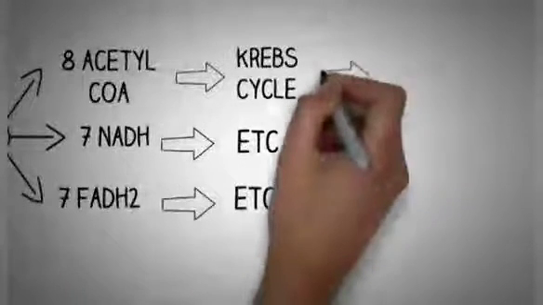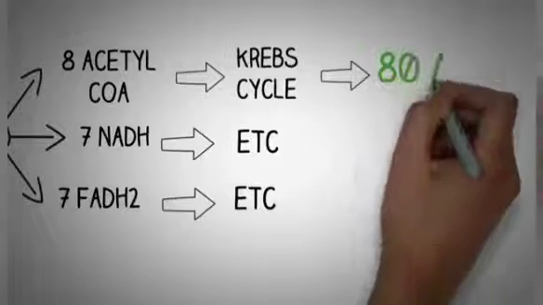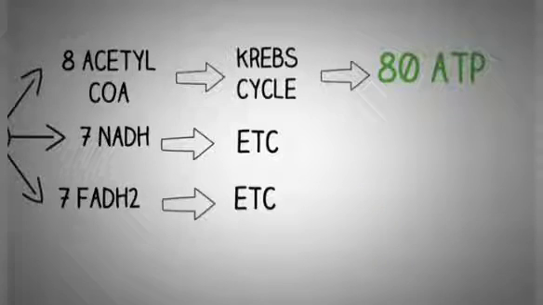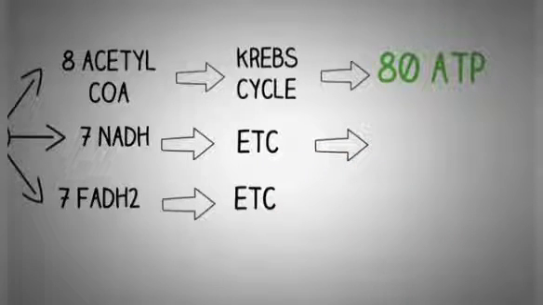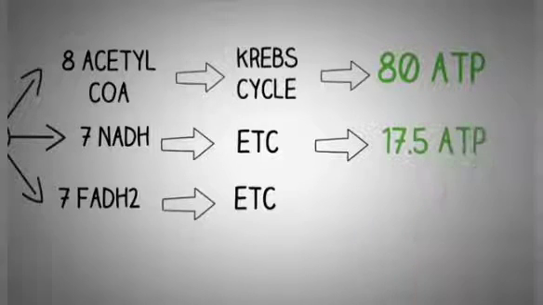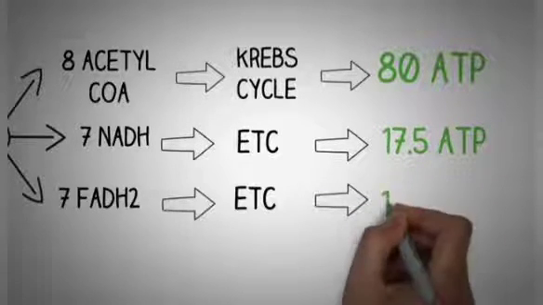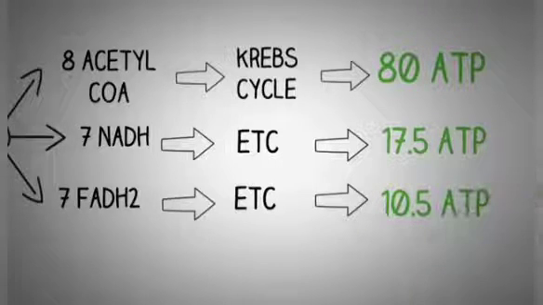So coming to the energy yield of beta oxidation of palmitoyl-CoA, 8 molecules of acetyl-CoA will give 80 ATPs through Krebs cycle. 7 molecules of NADH will give 17.5 ATPs through electron transport chain, and similarly 7 molecules of FADH2 will give 10.5 ATPs through the electron transport chain.